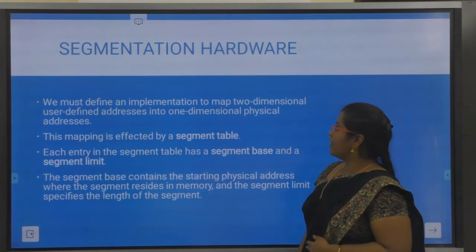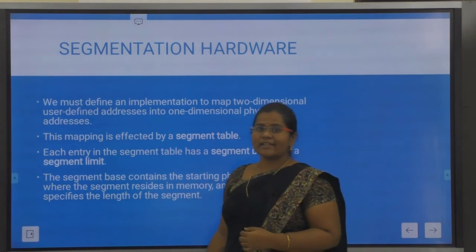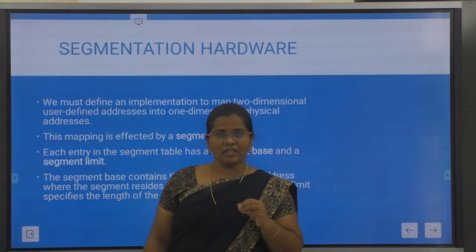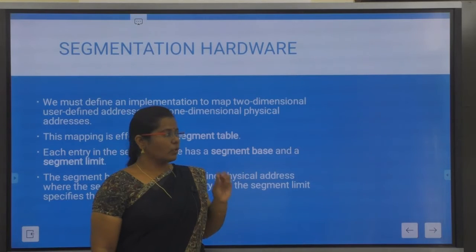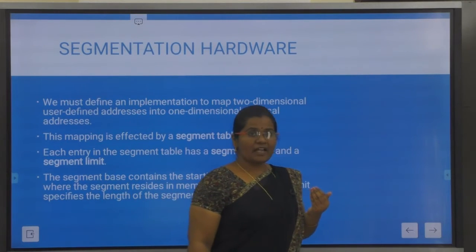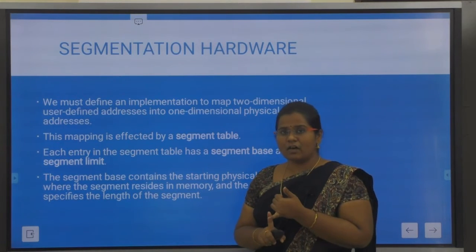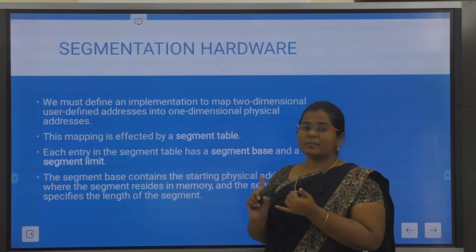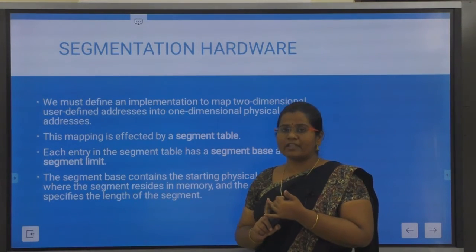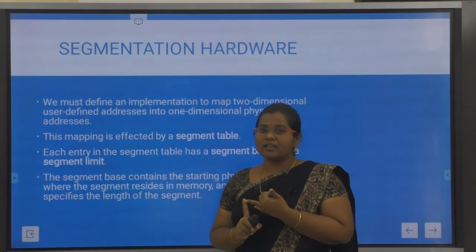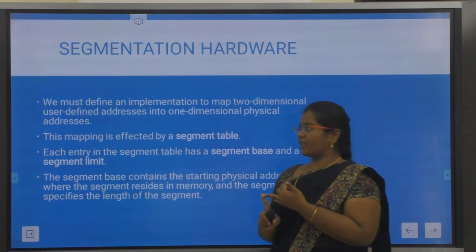Now let us go with the next concept, segmentation hardware. As we have seen previously, the CPU will generate only the logical address, whereas the main memory will consist of only physical addresses.